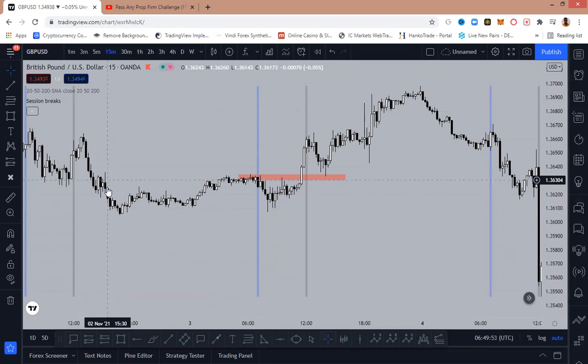There was an order block here, but also this was acting as another supply zone, okay, because after a break of this demand zone, price went up, the break became resistance, and then price came back here again.